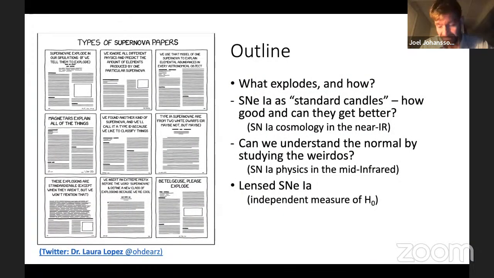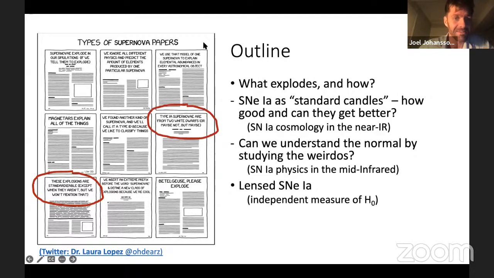A very sketchy outline of what I will try to mention in this seminar. I saw a fun thing on Twitter. You know, there are these different types of supernova papers that you come across, and maybe I'm guilty of saying things like these two headlines: type Ia supernovae are from two white dwarfs, or maybe not, but yeah, maybe.